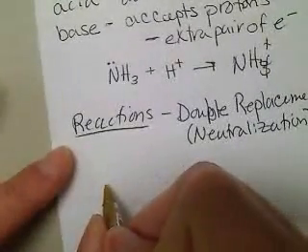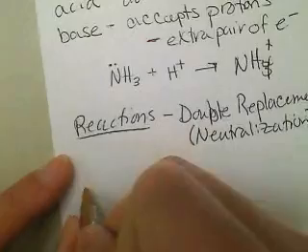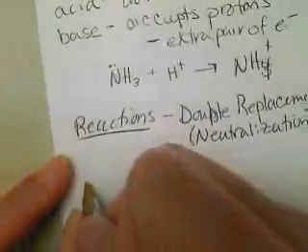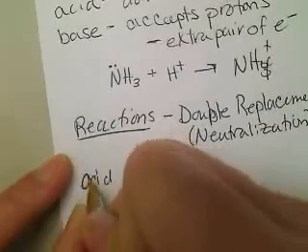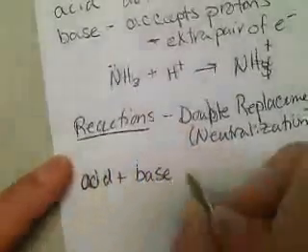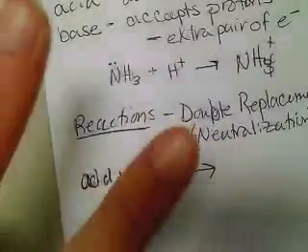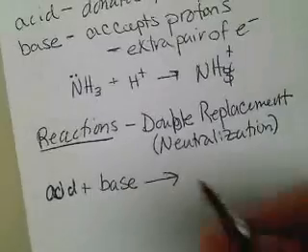So let me give you an example. Oh, and this is the other thing you need to know. This is extremely important, okay, because you're going to be asked this question. If I take an acid plus a base, okay, there are two products that you will always get. Inevitably, this is what you will get.